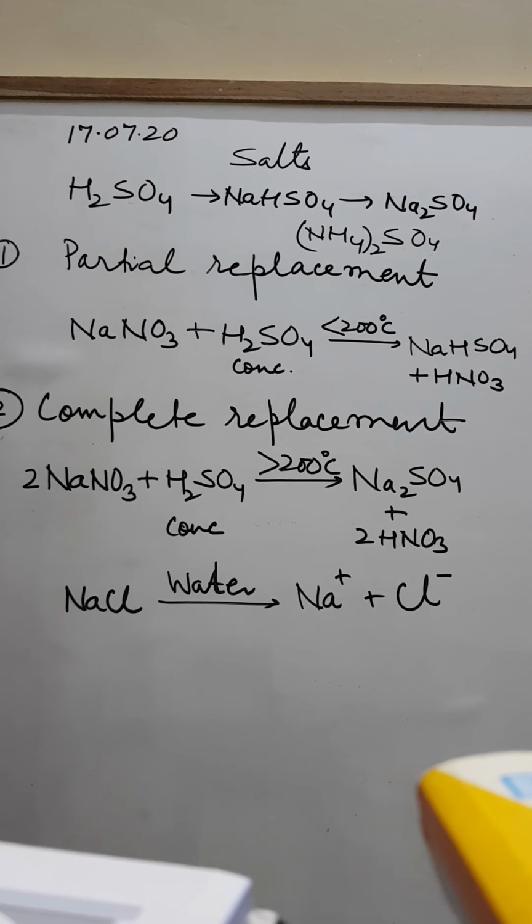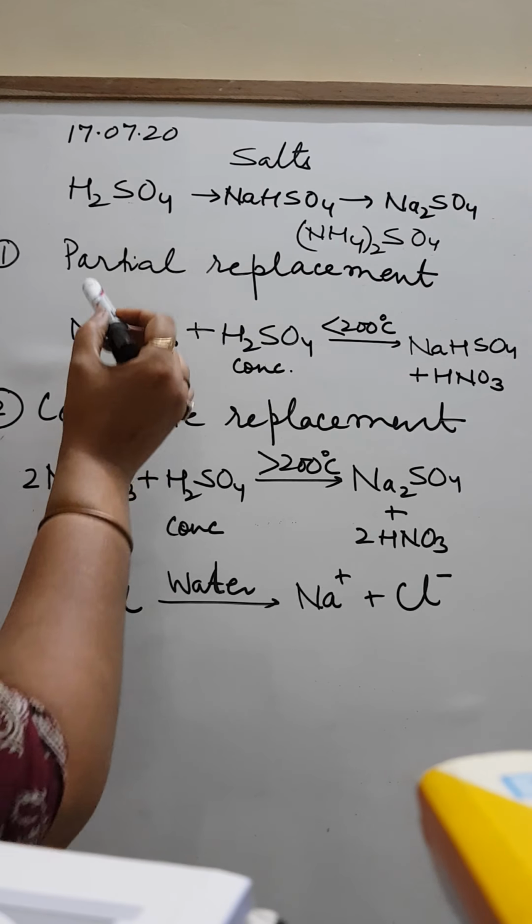Now, children, definition. Your bookish definition was, salt is a compound formed by the partial or total replacement of the ionizable hydrogen atom of an acid by a metallic ion or ammonia. This is your bookish definition. I am showing you.